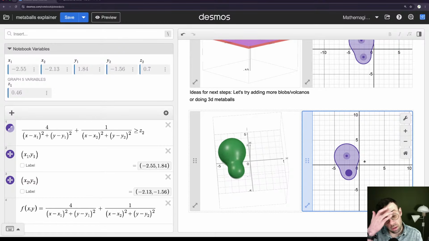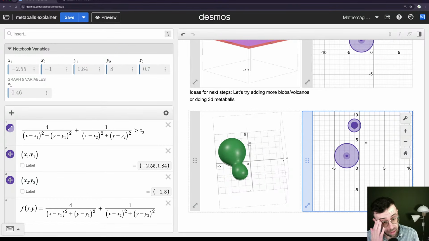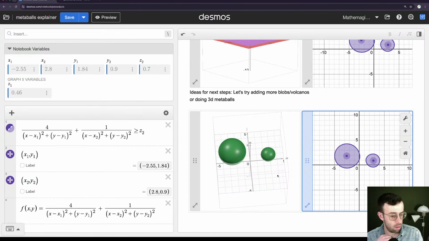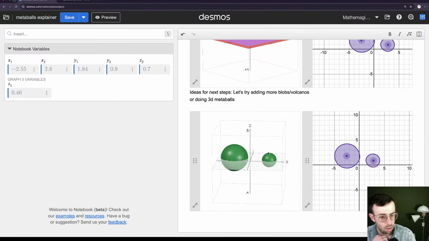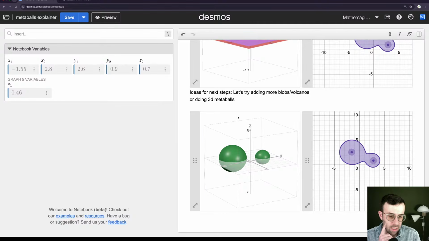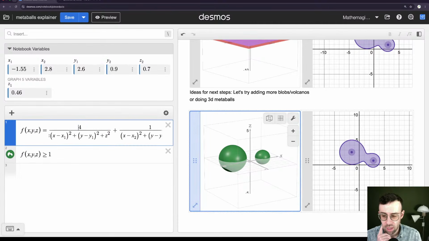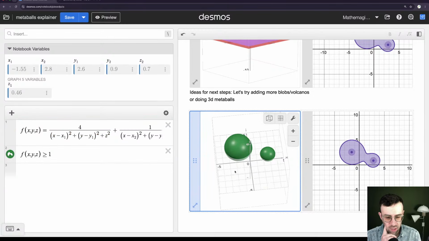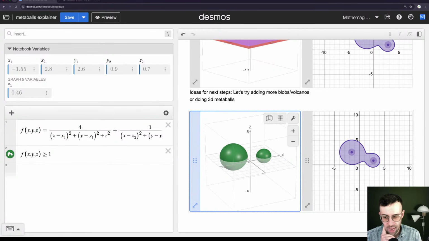Or I could make this one different. Problem is I don't really know how to explain the 3D ones, other than, well, I guess it's the equation of a sphere instead of an equation of a circle. So it would make sense. It's just that now we have the 4th dimension.